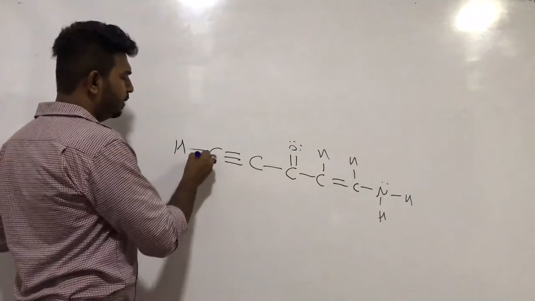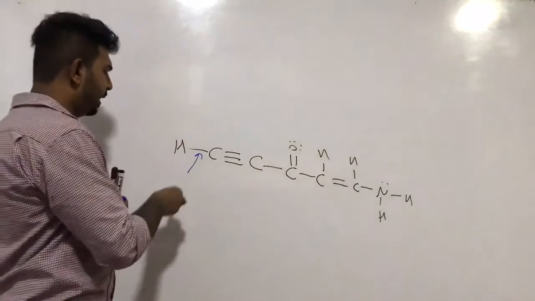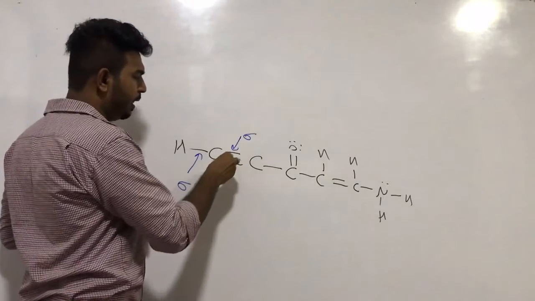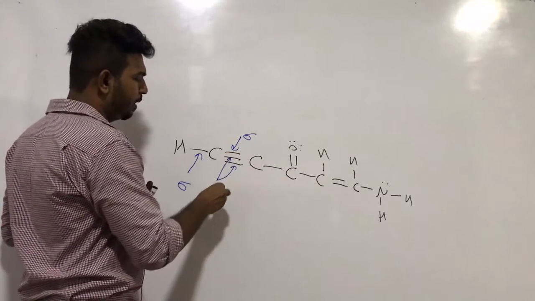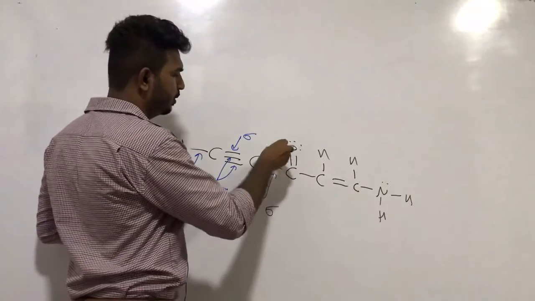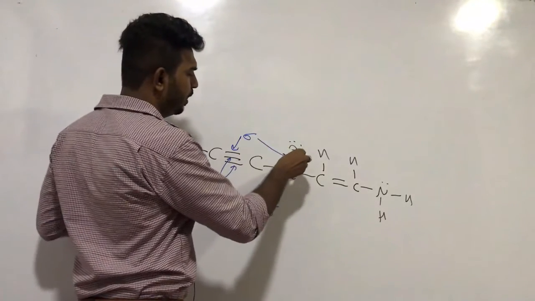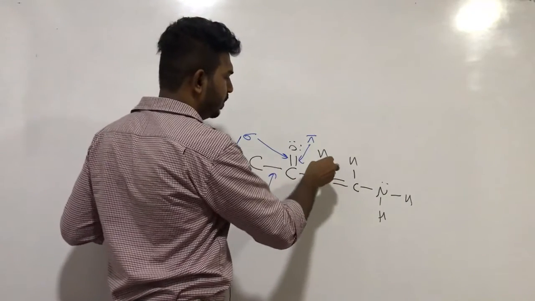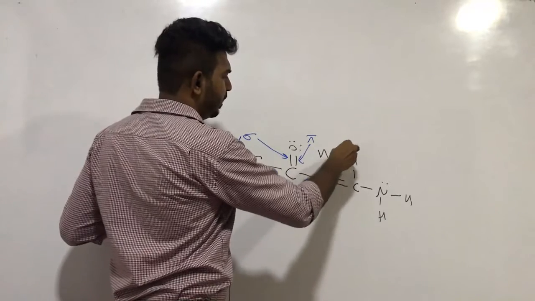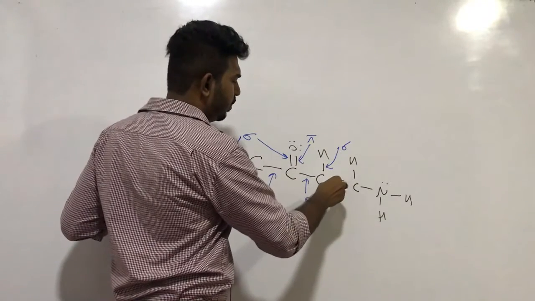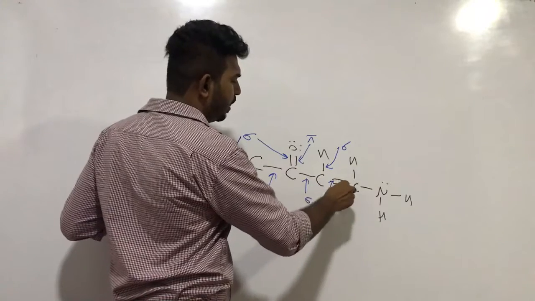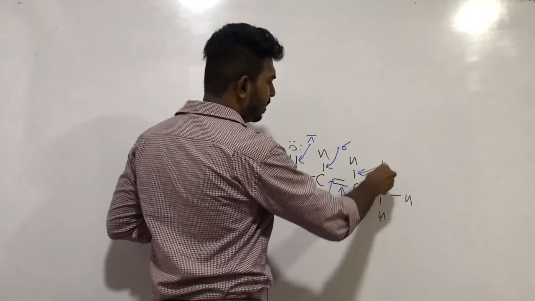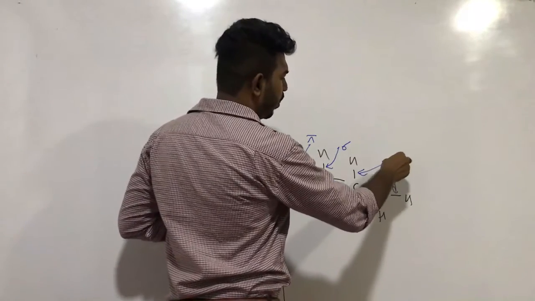Please notate this as one bond, so that should be sigma. One bond should be sigma, and all others should be pi bonds. This is sigma bond, and this is also sigma bond, and the other one should be pi bond. This is sigma. Again, this is sigma. Then one should be sigma bond, and the other should be pi bond. So okay, all these are single bonds, so all are sigma.